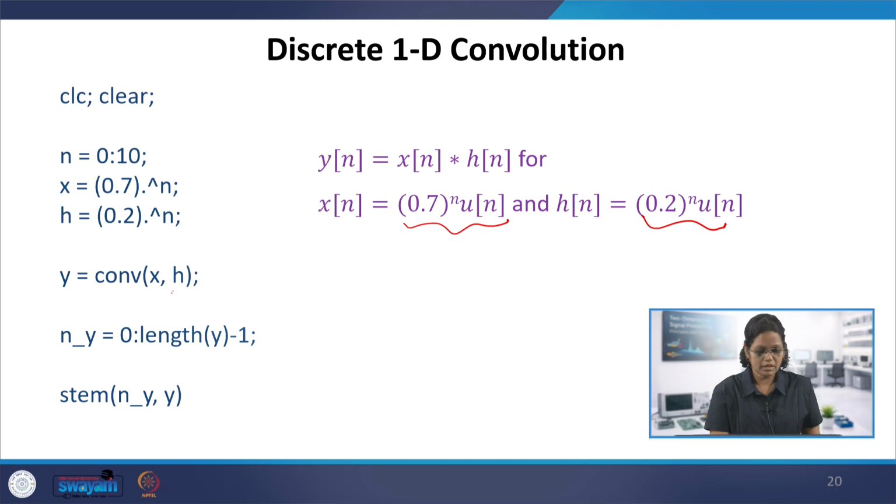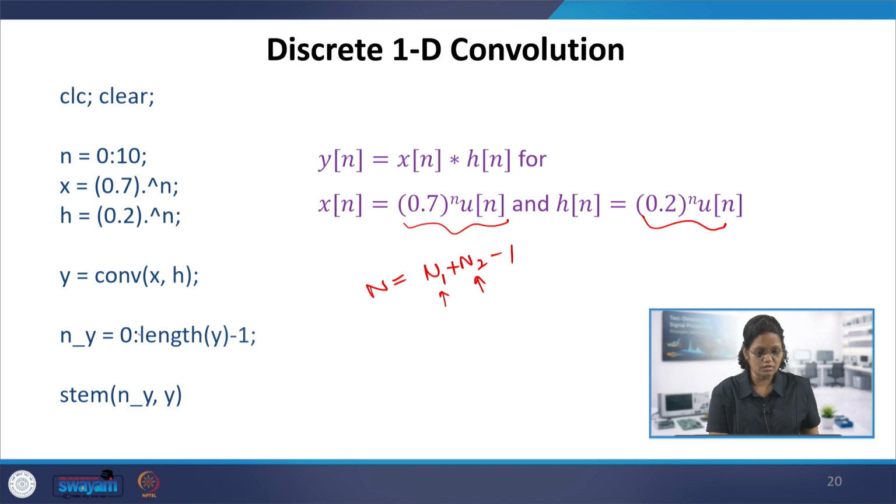Convolve is the command used: conv x comma h. Now, why will the length not be the same as x and h? If you recall 1D convolution, it would have the length n1 plus n2 minus 1, where n1 is the first sequence length and n2 is the second sequence length. So the resultant sequence length is n1 plus n2 minus 1. So that's what we have done here.